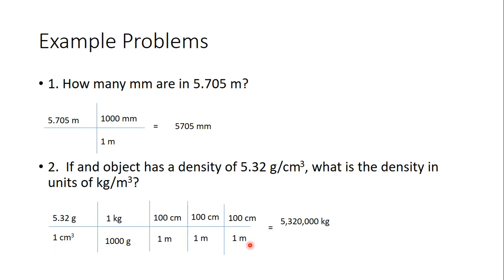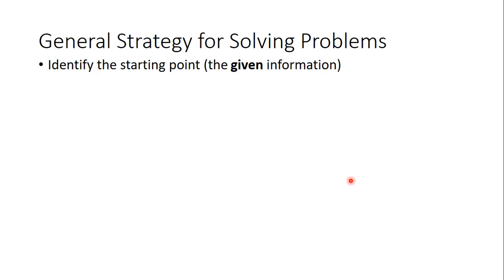Next step, we're going to multiply the bottom together, and we get 1,000,000 cubic meters. Now we need to divide these two numbers, and we get 5.32 times 10 to the 3 kilograms per cubic meter. So I have my units right, and I also have my sig figs right, because our original value was given in 3 sig figs, so my answer also has to be in 3 sig figs as well.